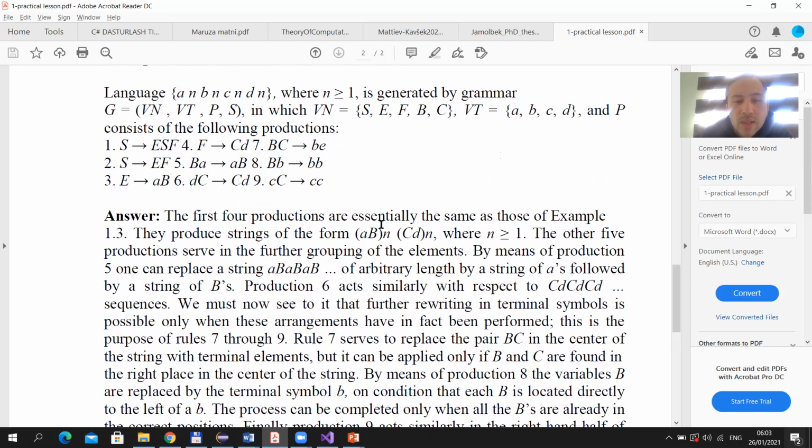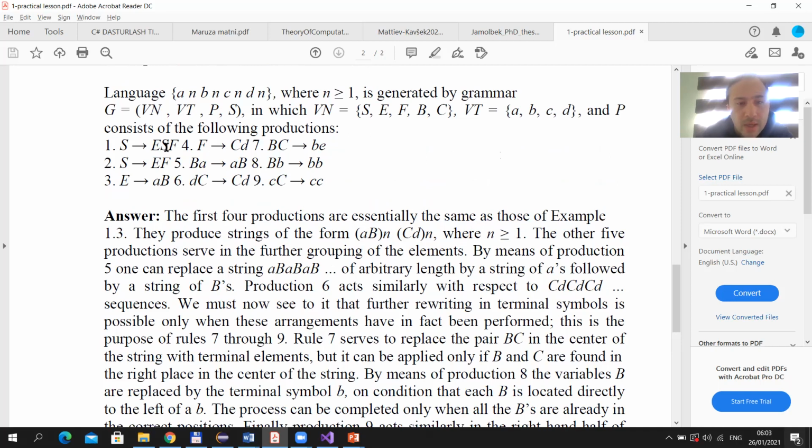The first 4 productions are essentially the same as those of example 1.3 above. They produce strings of the form (AB)^n (CD)^n.